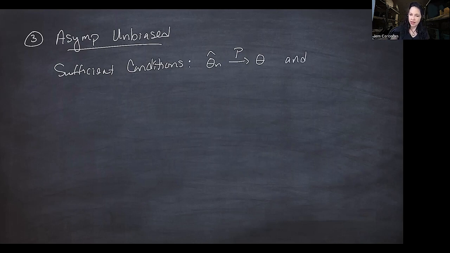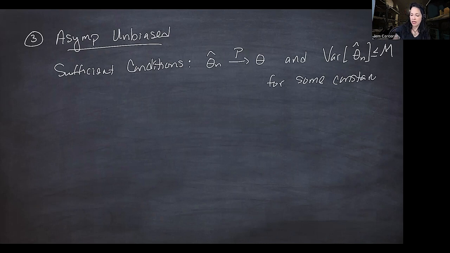And the variance of theta n hat is less than or equal to a constant m, and it can't depend on theta. I don't know if that's clear when I say it's a constant. Maybe not, because when I say constant, I mean non-random. So I want to emphasize that it doesn't depend on theta.